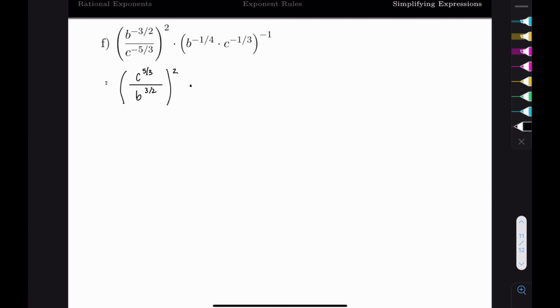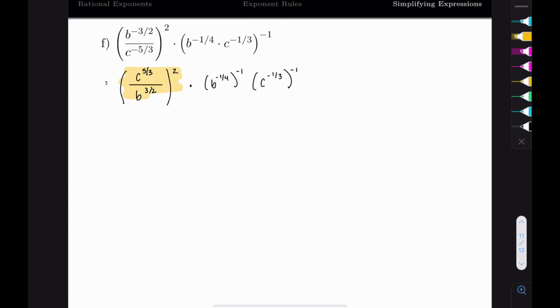So what happens is we'd have b to the -1/4 to the -1, and then c to the -1/3 to the -1. And by doing that, the negative times the negative turns into a positive. Again, not necessary to take this route, but since I've been doing this for quite a while, I tend to know stuff that just makes it a little bit easier. But if you took a different route, you'll still get to the same answer.